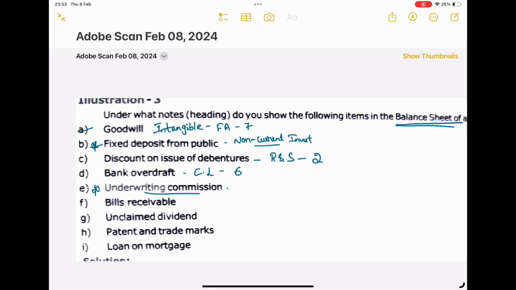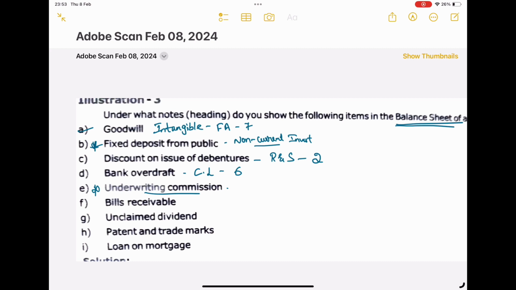If we consider underwriting commission as paid, it will be shown in so and so note. If we consider underwriting commission as received, then it will be reflected in other income. Like that you have to put a note for your justification. Okay, if you write those notes, then you have a chance of getting full marks.